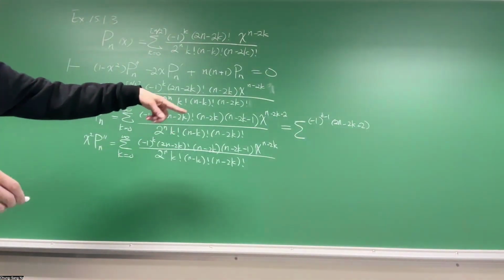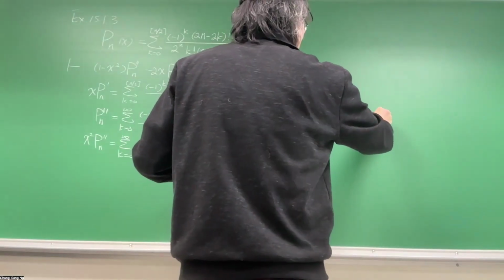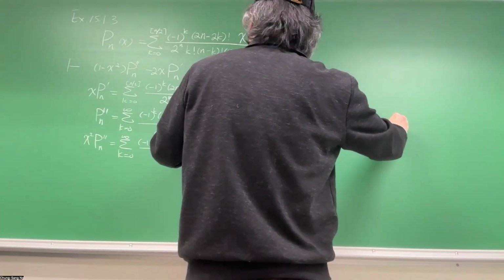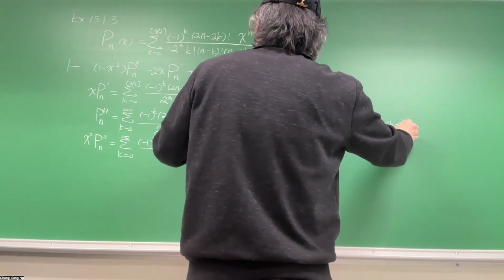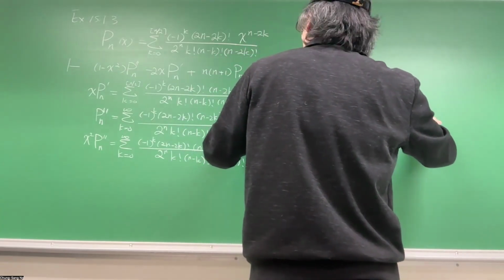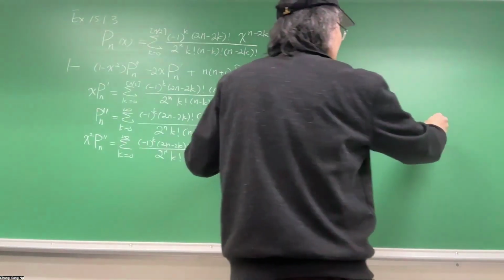K becomes k minus 1, and because of the negative sign, this is plus, factorial. And likewise this n minus 2k plus 2. And then you have n minus 2k, where k becomes k minus 1, so plus 2 minus 1 is plus 1.